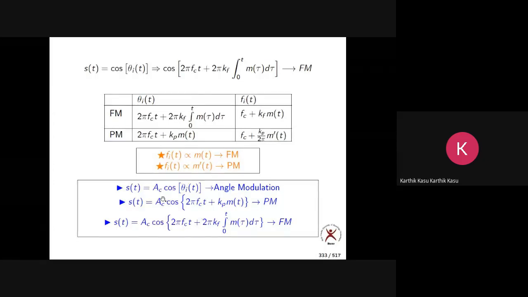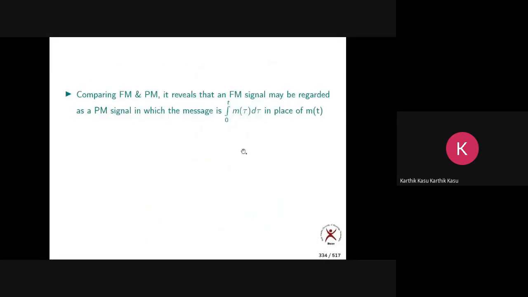You can observe Ac 2 pi fct here, and also 2 pi fct there. So the only difference between PM and FM is that here we have m of t, here we have the integration of m of t. We make use of this difference in the generation of these angle modulated signals.